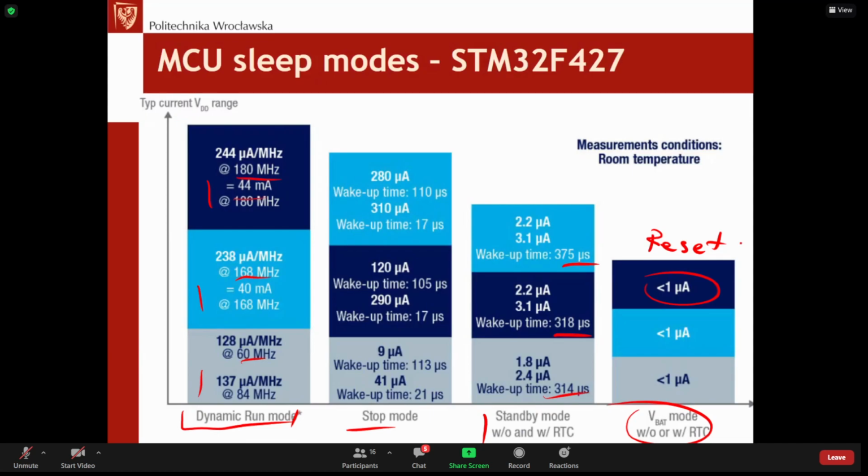In this simulator, we can play with the peripherals and the clocking, and then read those values, for example 100, 200, 120 microamps or 290, because it depends really on the peripherals that we have switched off and need to switch back on again.